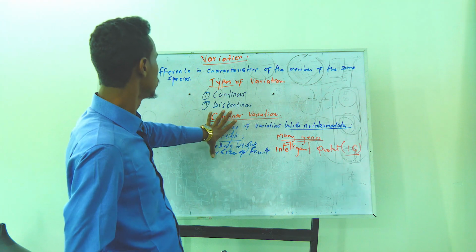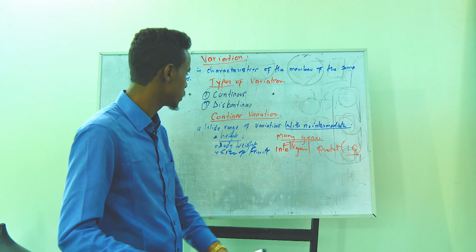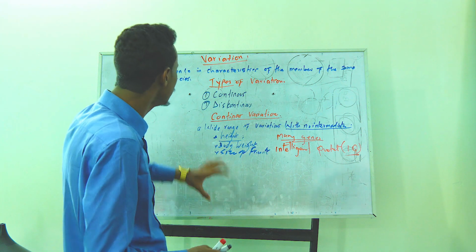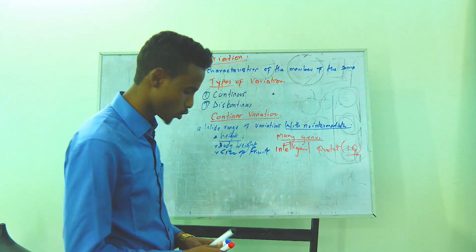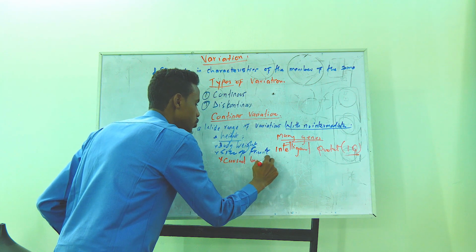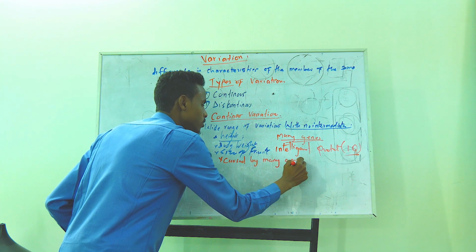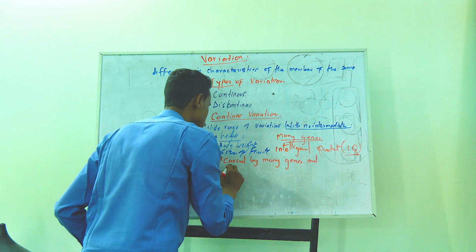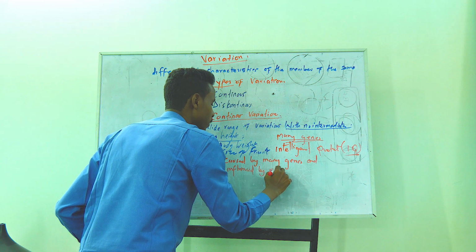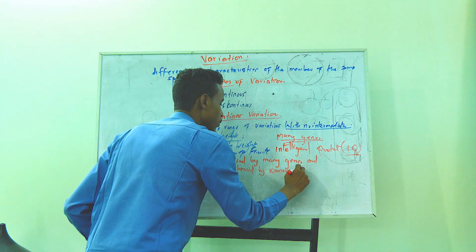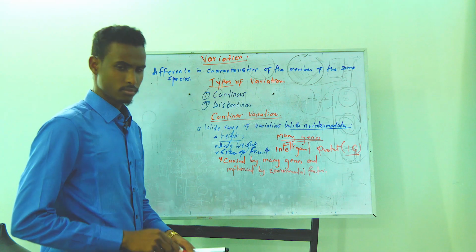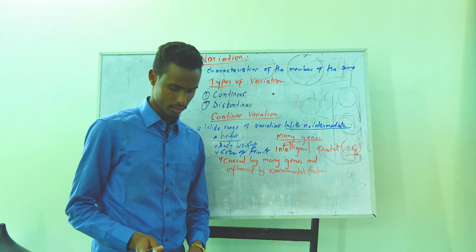And therefore we say continuous variation is caused by many genes and influenced by environmental factors. That's done for the continuous variation.